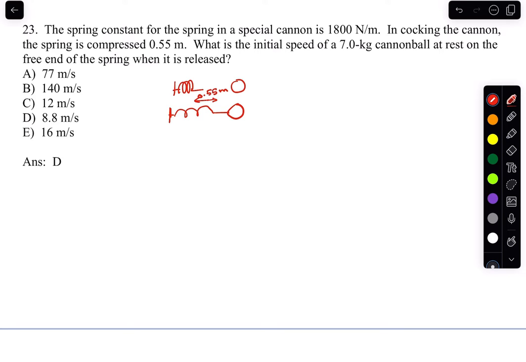In that case, basically, the speed of the cannonball is acquired from the elastic potential energy that the spring has. And namely, we can find this by equating the energies, the initial energy when the spring is compressed to the final energy when the spring is released. Now, of course, we don't have any changes in height here, so the energy will namely be only the elastic potential energy and the kinetic energy.